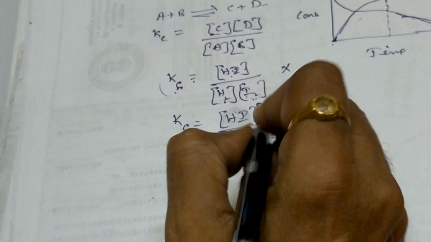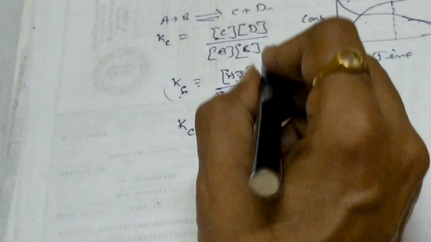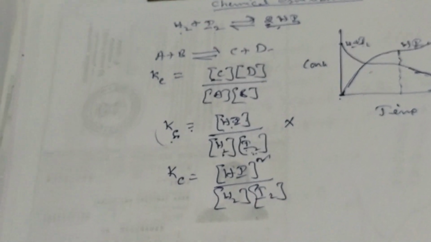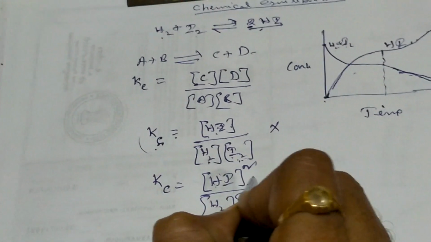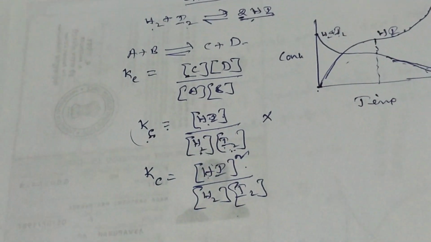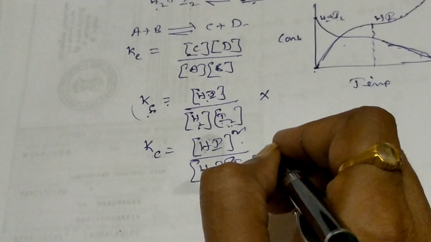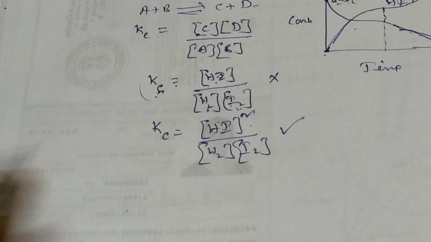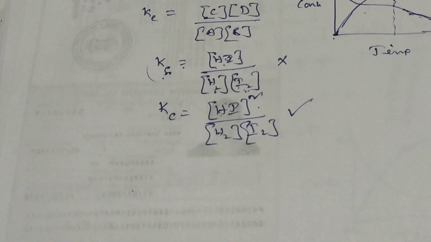Why square? Because the subscript is 2, meaning there are 2 HI molecules. So it should be HI into HI, or HI square. That should be the correct one. Finally the Kc value will come as a constant, or otherwise it will not.